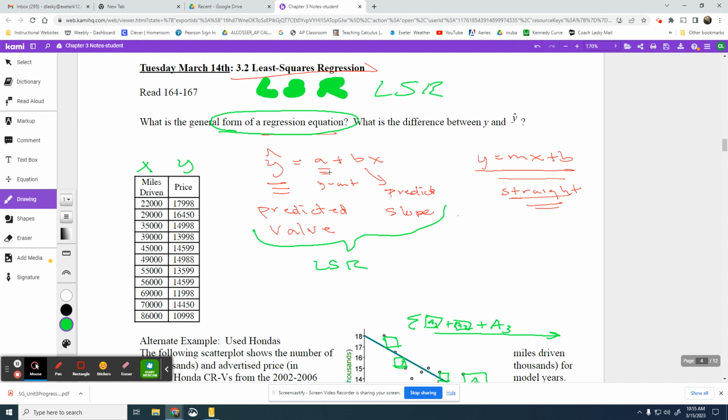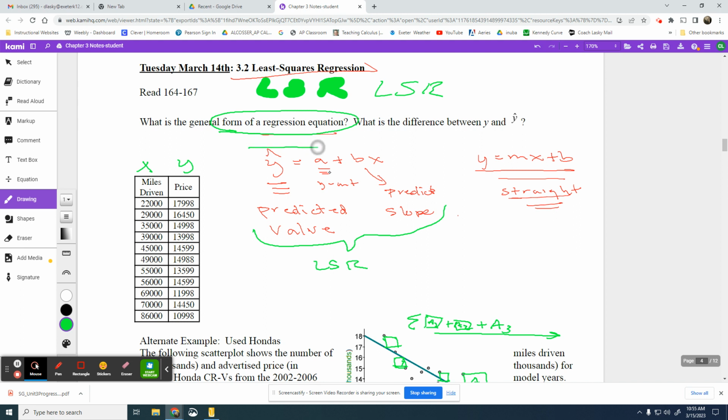Now this is our equation. y hat, the predicted value, is equal to the y-intercept plus the predicted slope times the x value, which is similar to your y equals mx plus b, which we've talked about before. You've seen this in algebra, where m is the slope and b is the y-intercept.